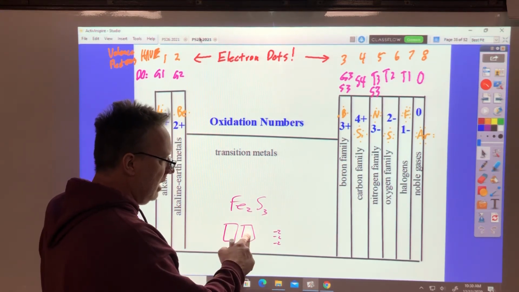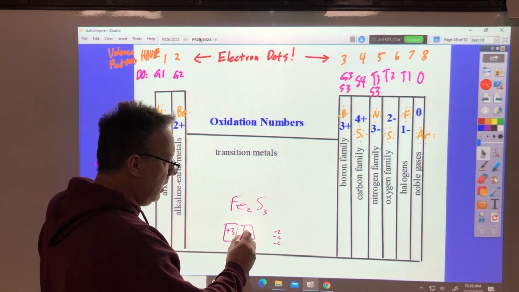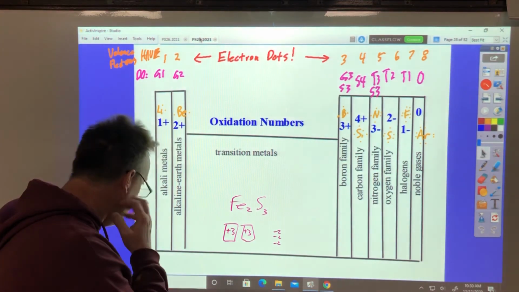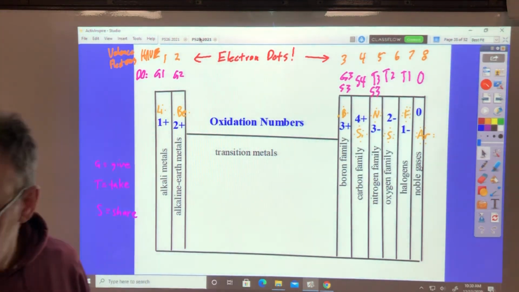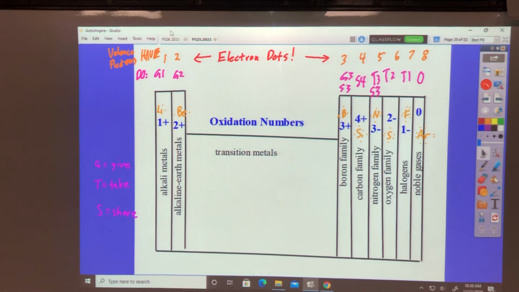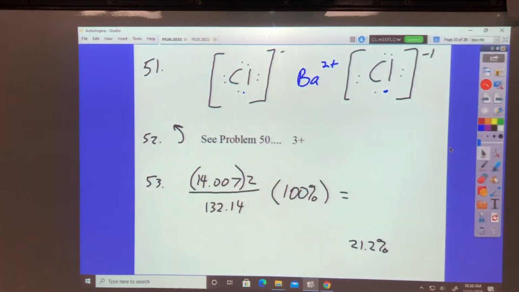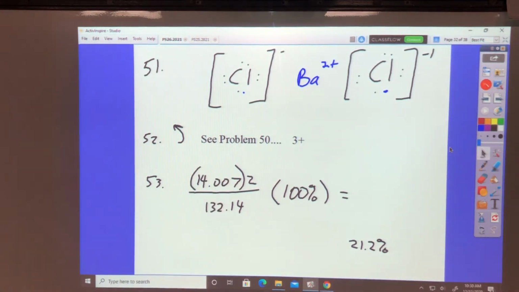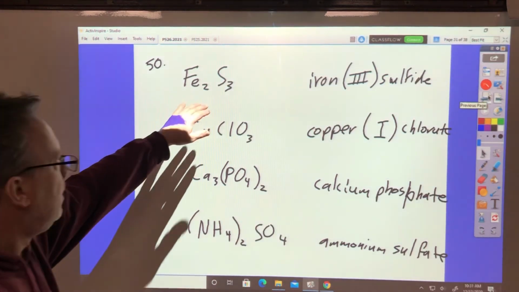What's this one and what's that one if this is -6 total? 3 and 3 gives you 6 pluses. It's doable. We just did one like that. It says problem 50 is 3 plus. It's right there. Already did it.